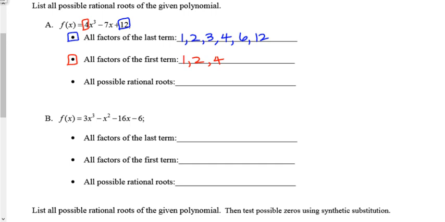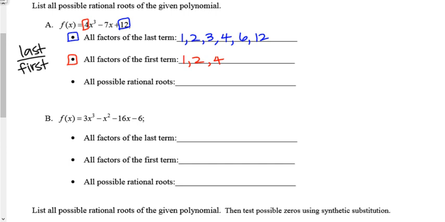And then it says all possible rational roots. So we're going to take all of those blue numbers, which are the factors of the last term, and put them all over the factors of the first term. So we're going to put all lasts over firsts and create all possible rational roots. So all the possibilities of fractions.